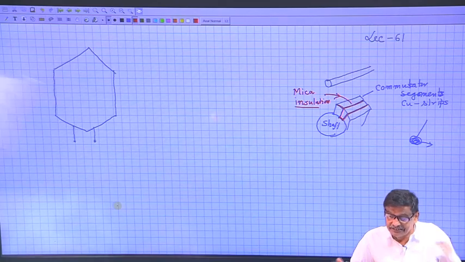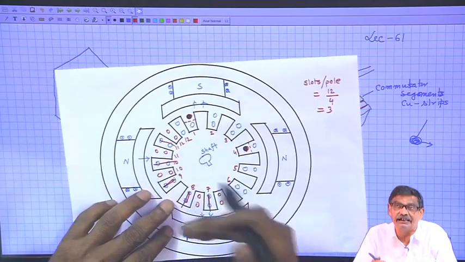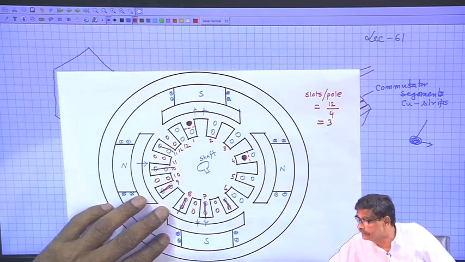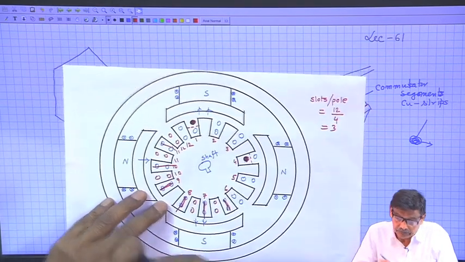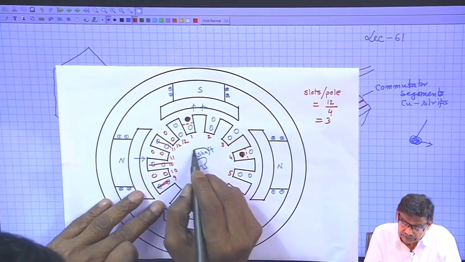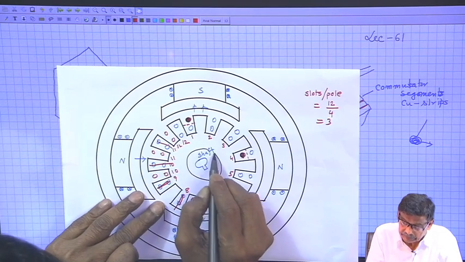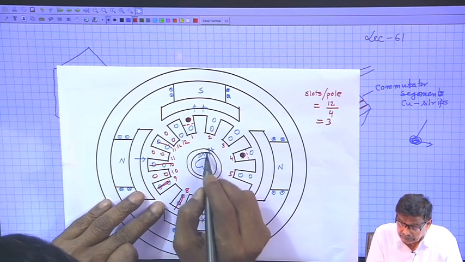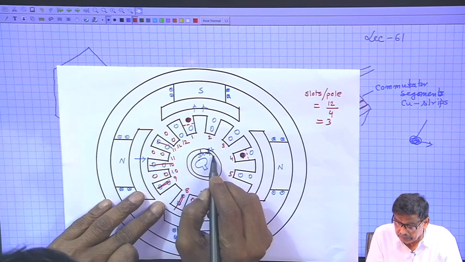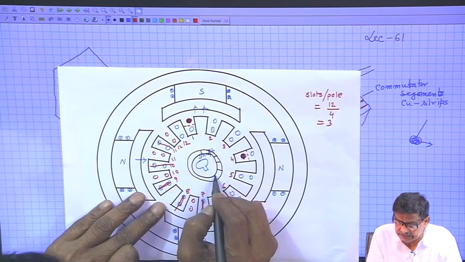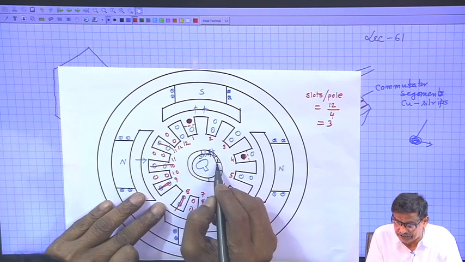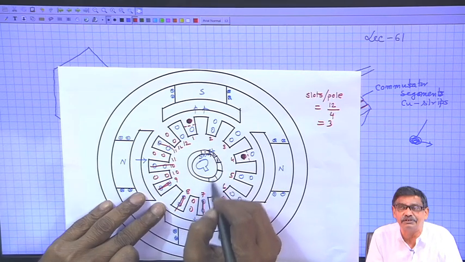Suppose this is the shaft. In this sectional diagram, I can show it like this. Sixteen such segments: 1, 2, 3, each one is a commutator segment, and these lines are mica insulations.